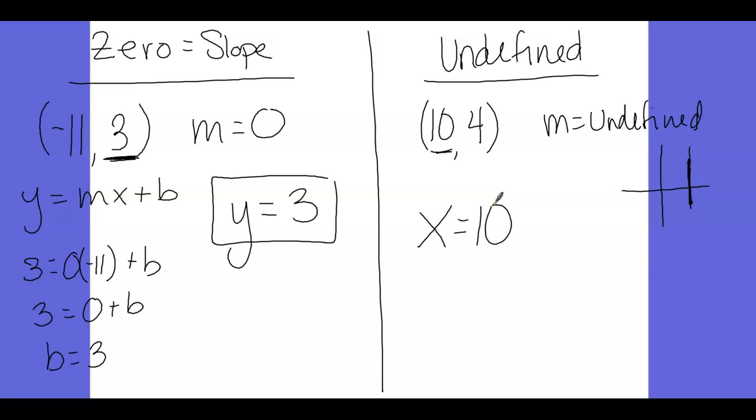So on an undefined, your answer is just going to be x equals whatever the x value is. Okay? So when your slope is 0, it's the y value. When your slope is undefined, it's the x value. If you look back on the backboard, I wrote those notes back there to help you. And I will post this on Google Classroom as well.